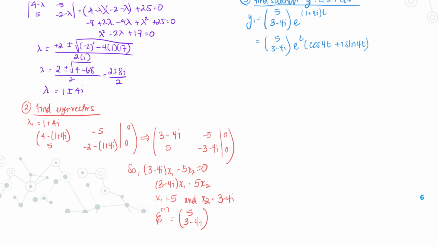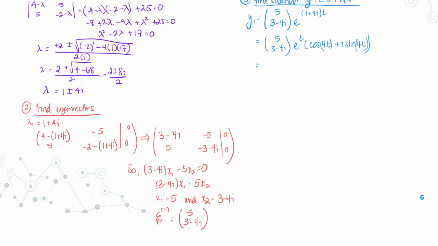Right? Comes back to our Euler's equation. And now if we were to multiply things through, I'm going to leave the e to the t on the outside because it just makes things a little bit easier.